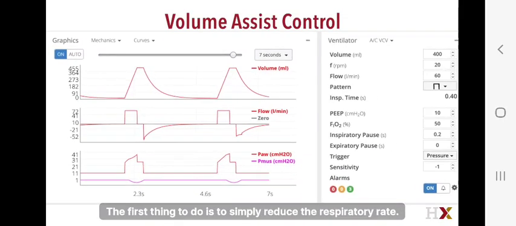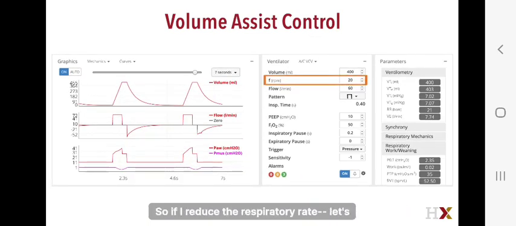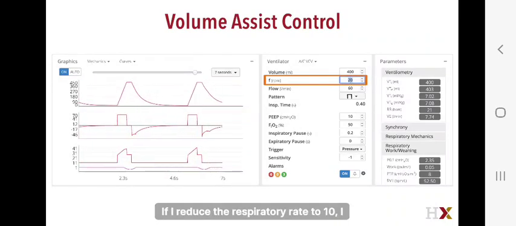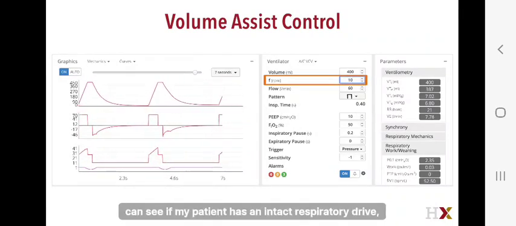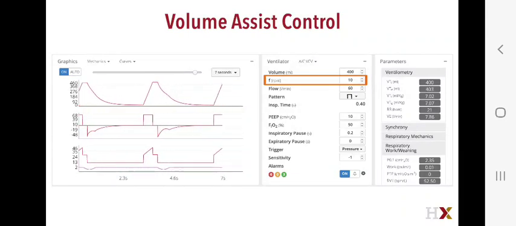The first thing to do is to simply reduce the respiratory rate. So if I reduce the respiratory rate, let's start up the simulator here. If I reduce the respiratory rate to 10, I can see if my patient has an intact respiratory drive, and perhaps I'm just beating them to the punch.